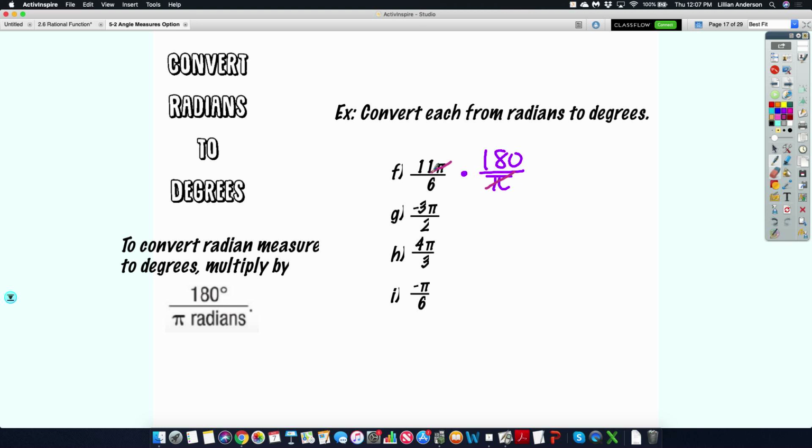Okay? Now, you can sit there and multiply 11 by 180 and then divide by 6. Or you can continue that same trick of canceling out things that are in common. Can't 6 go into 180? How many times? 30. So I can reduce this prior to multiplying, because I can't guarantee that you'll have a calculator on this section of the test, so you want to get it down as low as possible.